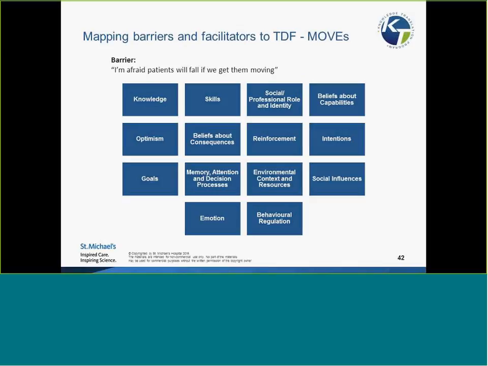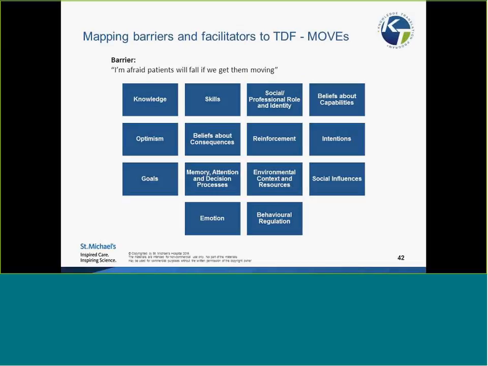This is one of our most commonly encountered barriers. And we have barriers that map to this combination, beliefs about consequences and emotion. Something that's really special and amazing about being able to see how that combination plays out is that many times we pick implementation strategies assuming that knowledge and skills are the primary barriers to change, and that if we give people the knowledge and we give them the skills, they will make a change.